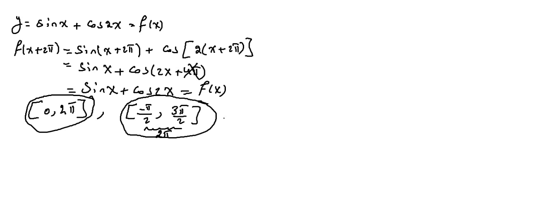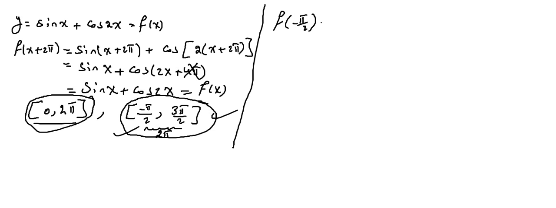Let me take this and I will show you the difference between if we did this or that. I will do this one. So let's first start with the endpoints. f of minus pi over 2 is equal to what?